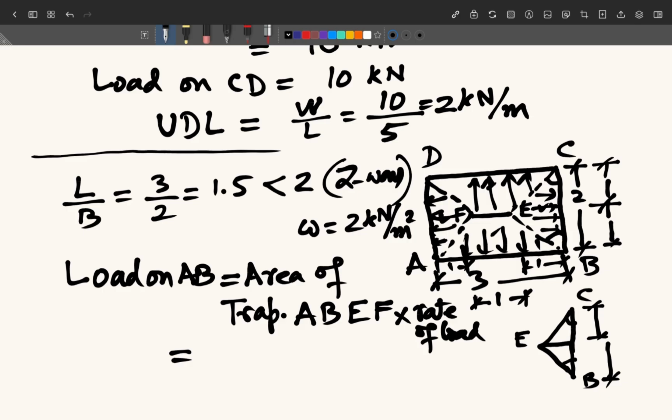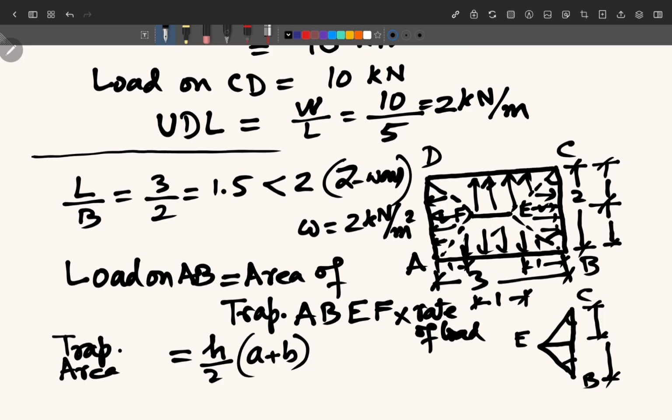We already know the formula of the trapezium area. It is h by 2 into the sum of the parallel sides, right? Trapezium area.